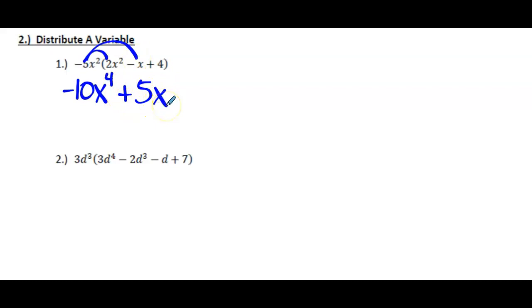X squared times x gives me x cubed. Negative 5x squared times 4 gives me negative 20. X squared comes along with it. Nothing added to it, the 4, but that's my answer. As you do this next one, be very careful. Do your 3 times your 3, your d times your d. Take your time and get a really good answer for number 2.